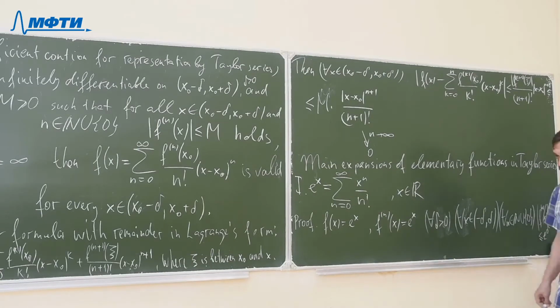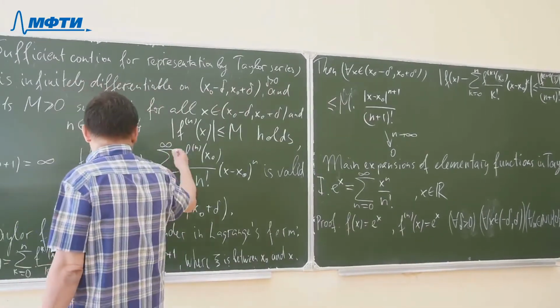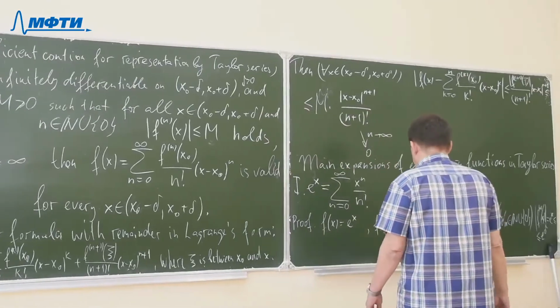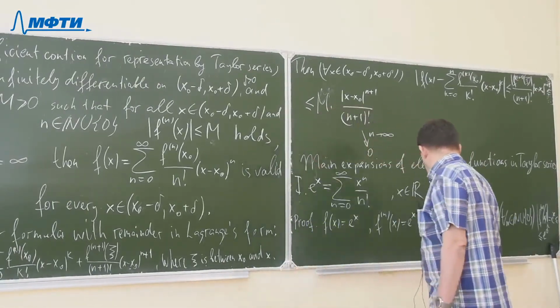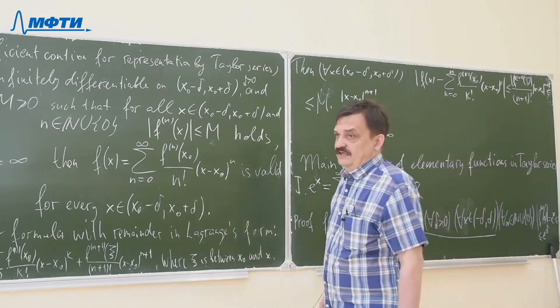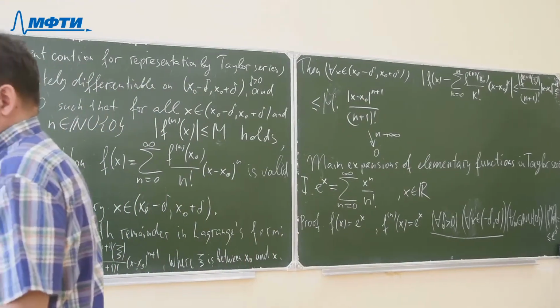That is a finite number which we can take as the constant capital M from theorem 1. Hence, by theorem 1, this expansion is valid for an arbitrary interval minus delta delta, and hence it is valid for arbitrary x as well.